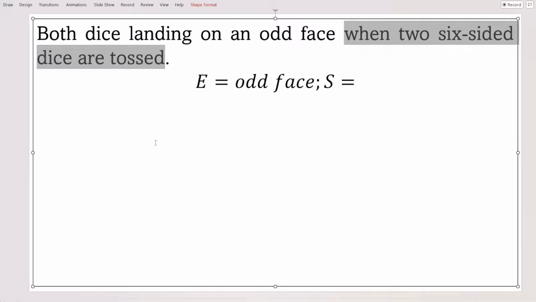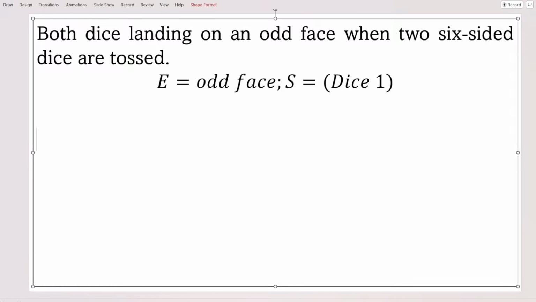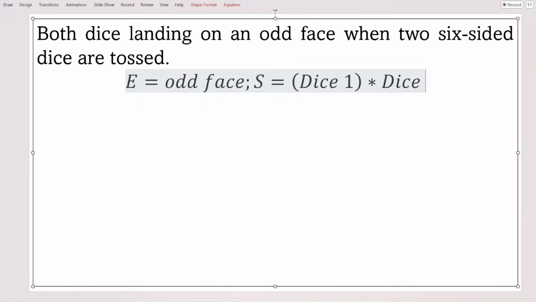All the things that might happen. So when you throw 2 6-sided dice, the events that could happen, let's divide this again. So you get the events in dice 1. How many events are in dice 1? Multiplied by the events in dice 2.